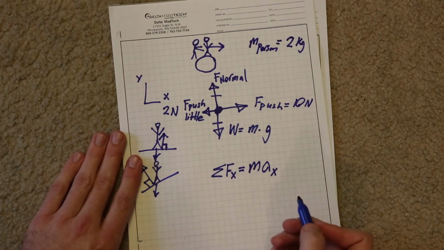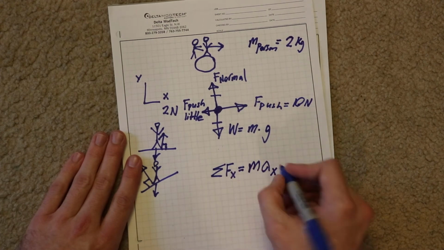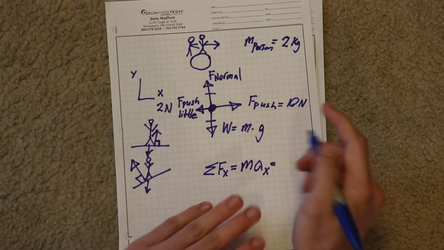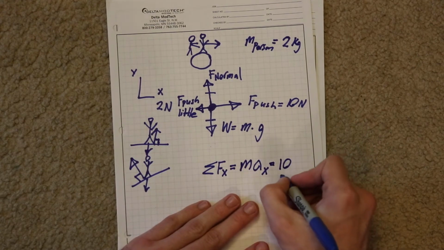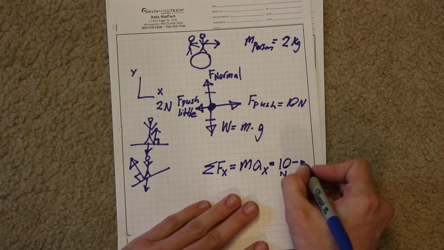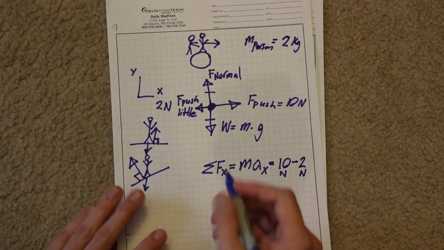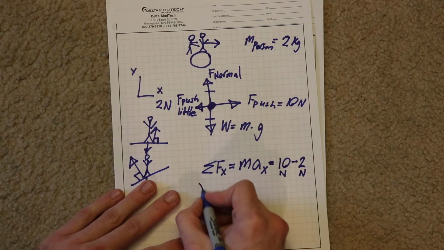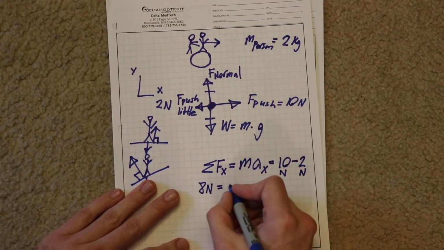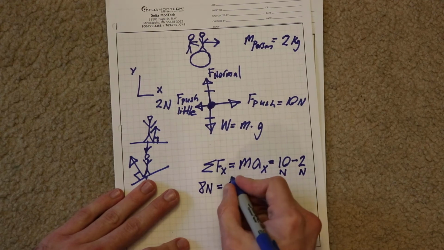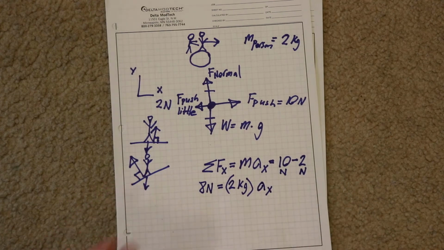And then we have to sum the forces up. The sum of the forces in the x direction is equal to 10 newtons in the right direction. We're just going to say that the right direction is positive. And minus 2 newtons in the opposite direction. So the total net force is 8 newtons in the right direction, which is equal to, say, 2 kilograms, just for simplicity, times his acceleration in the x direction.